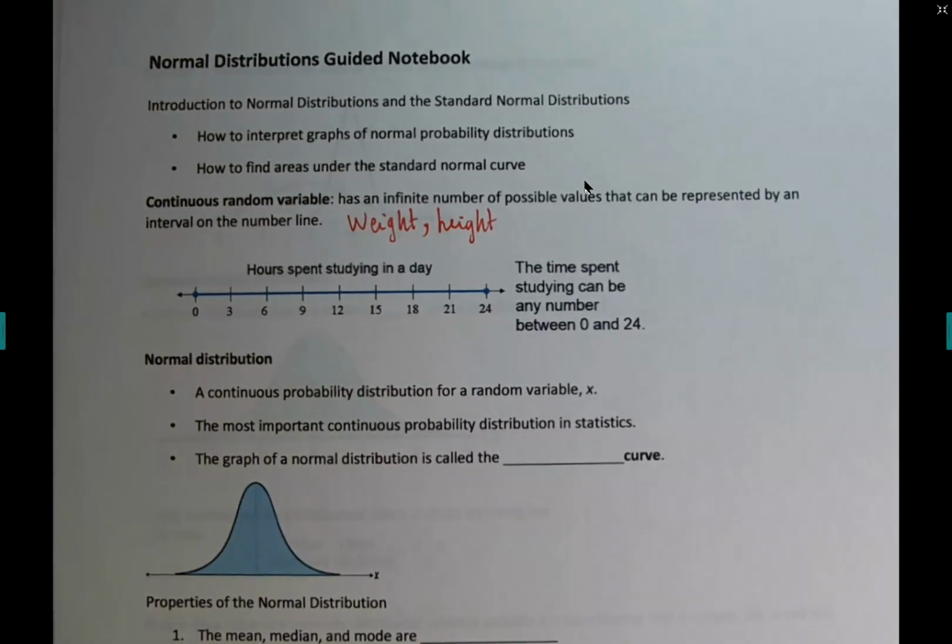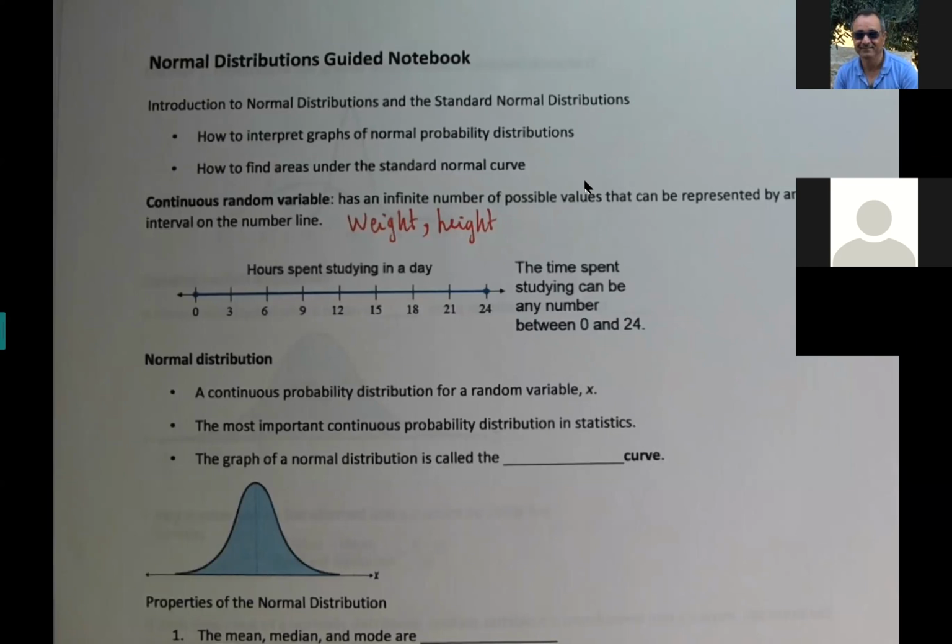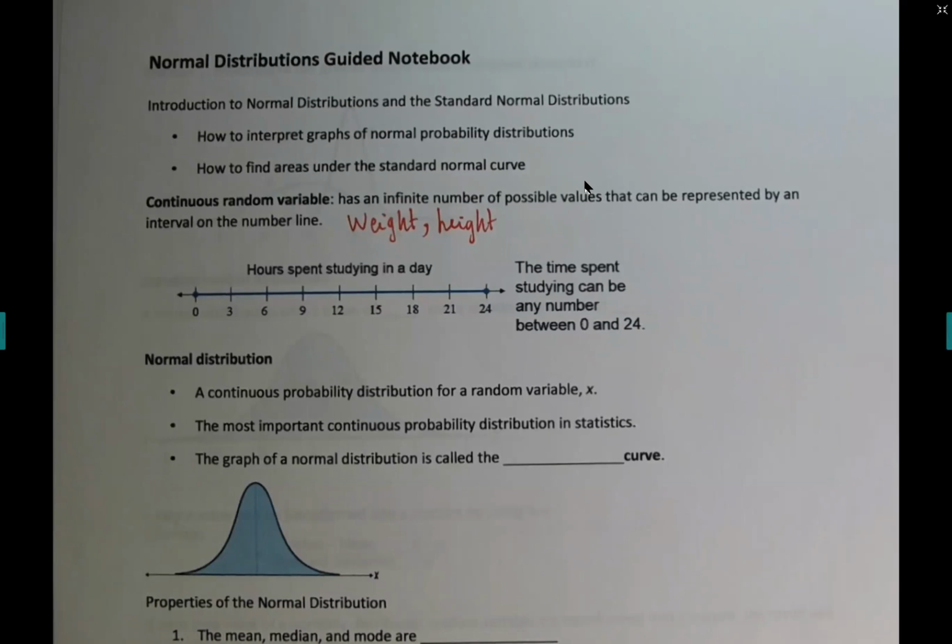You go to the doctor's office and they measure your height and they tell you, let's say, 5 foot 5 inches. Is it exactly 5 foot 5? No, it's not exact, but that's what they approximate it to be. So there is nothing called exact when it comes to this.